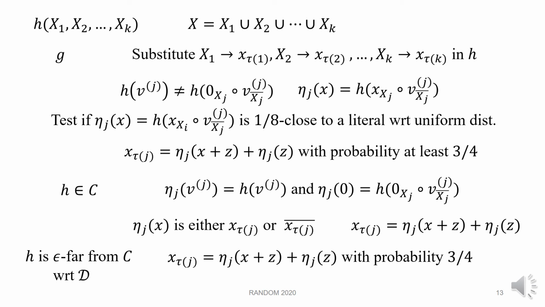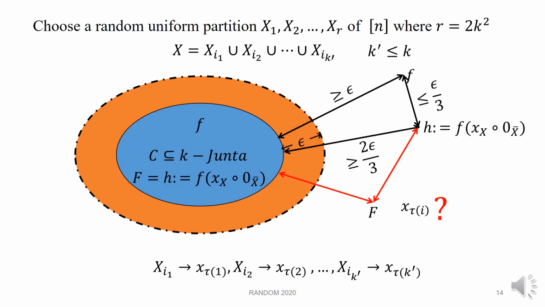In both cases, the value of x_τi can be found without learning τi. Now, of course, we can boost this probability in a standard way. So we now also solved the other problem. This is the first tester in the paper.